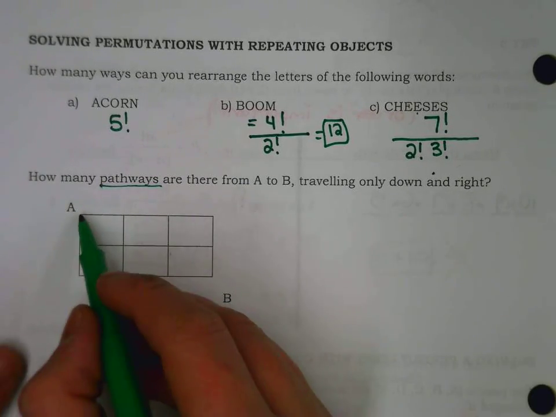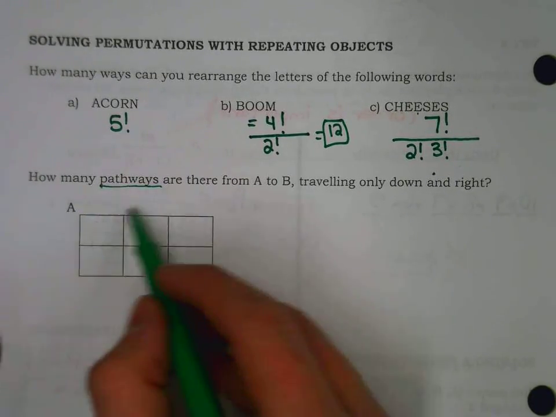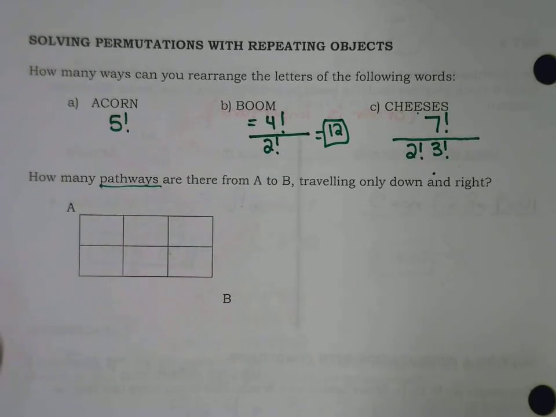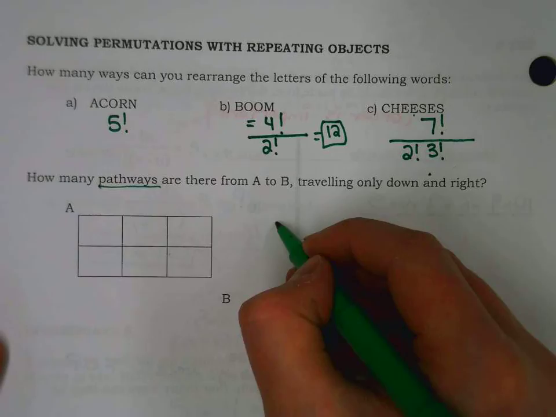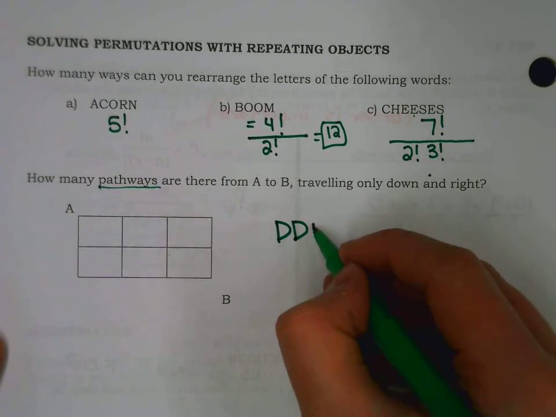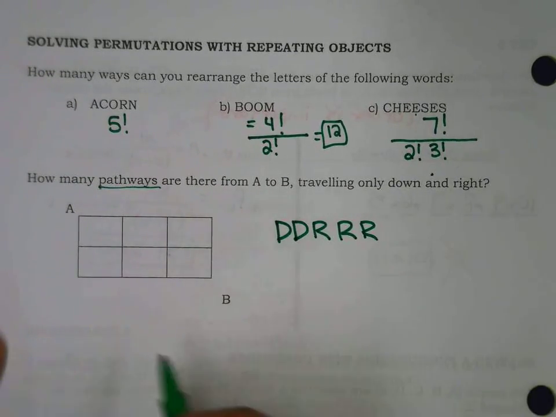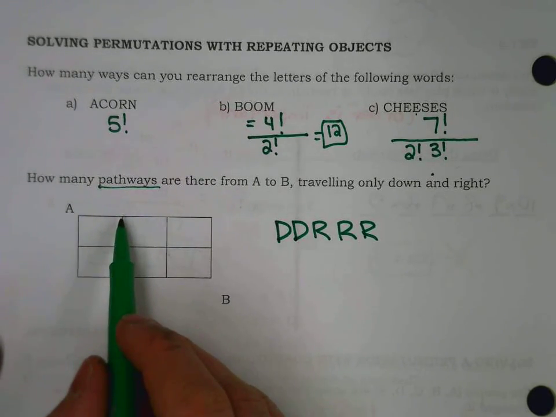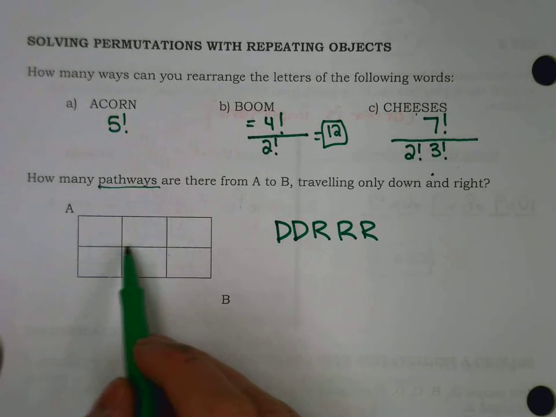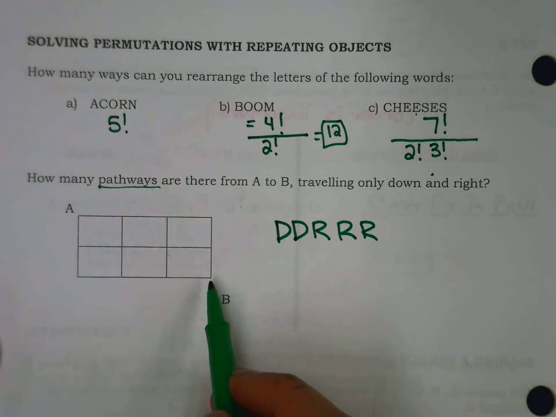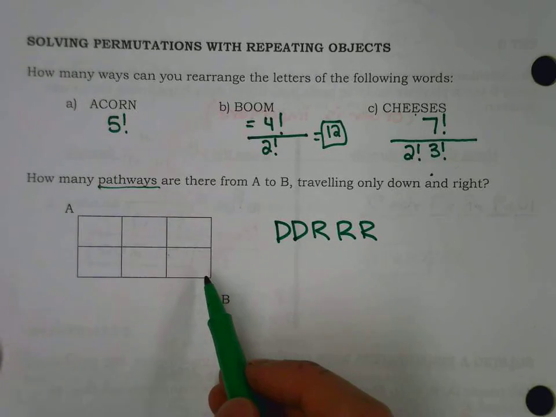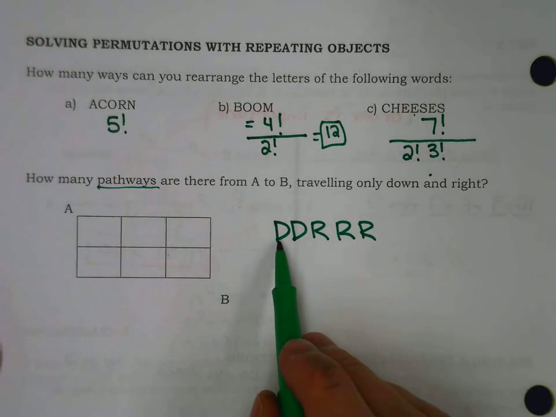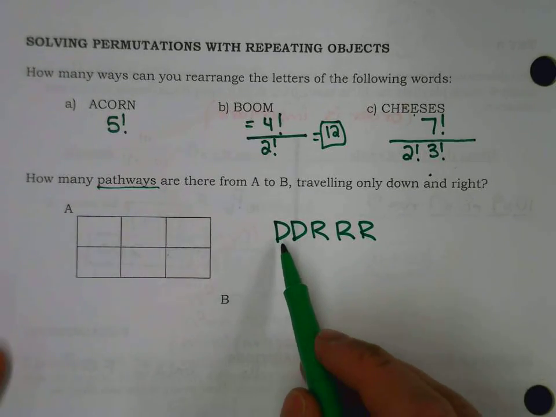So you might try these all out and figure out that there's a bit of complexity and maybe you miss one or two, but ultimately this question requires us to at some point travel down twice and right 3 times. So maybe you travel down, down, right, right, right, or maybe it's down, right, right, down, right. It doesn't really matter what order you do them at the moment, but it does matter in terms of how many arrangements are possible.